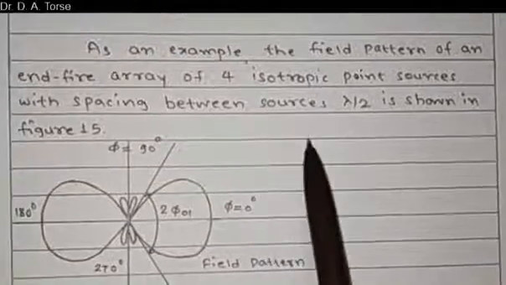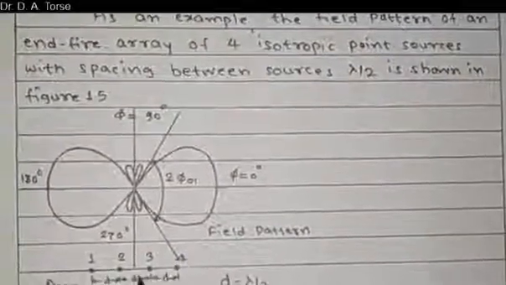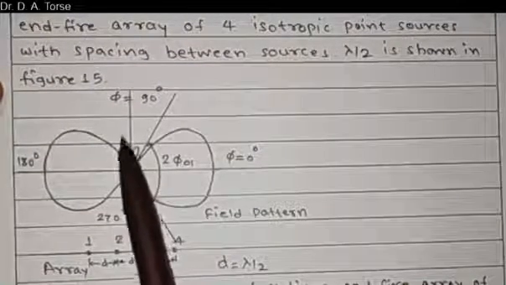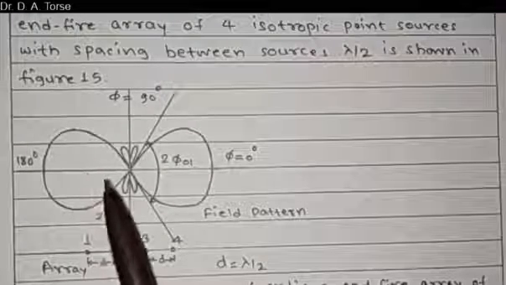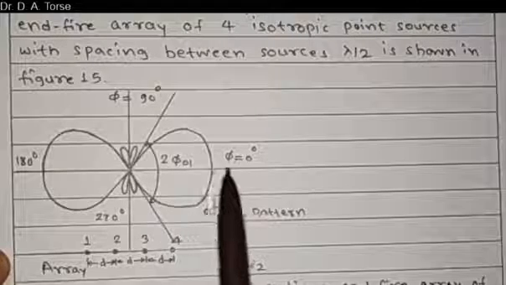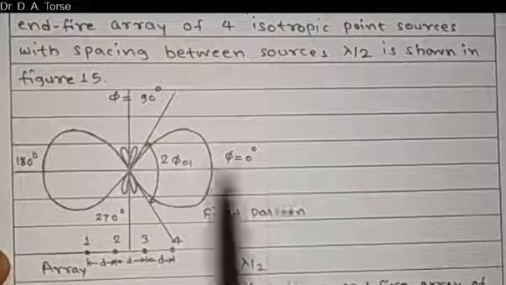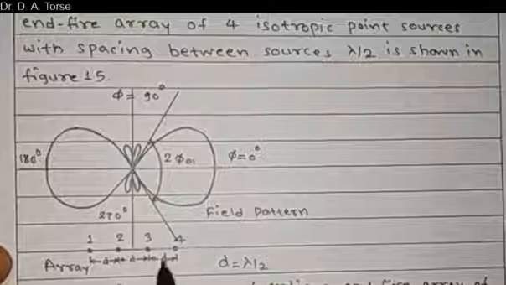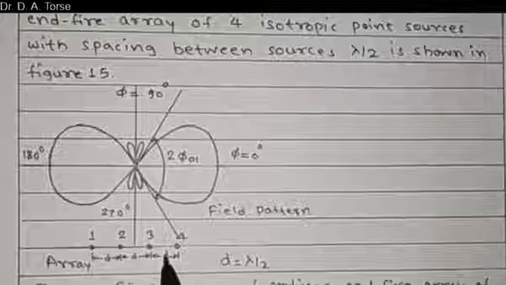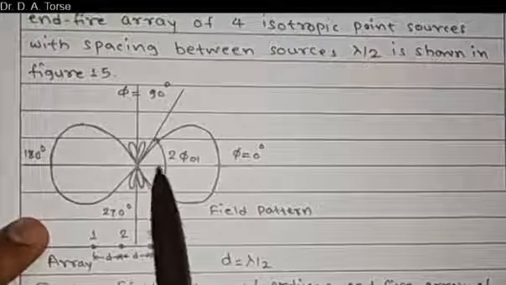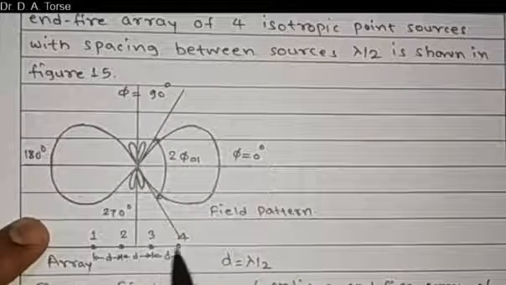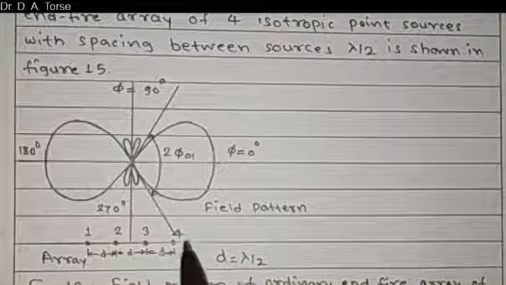If we consider 4 isotropic point sources, n equal to 4, with d equal to lambda by 2, we get a radiation pattern which is quite broad and its maxima is in the direction of phi. You can see the maxima is in the same direction in which the elements are placed. That's the difference between the broadside array and end-fire array. In the previous case, the broadside array had maxima in the direction perpendicular to the axis on which the elements are placed. So this is the ordinary end-fire array.